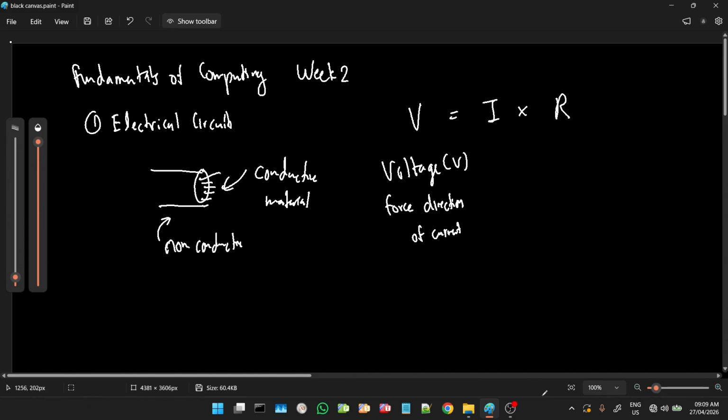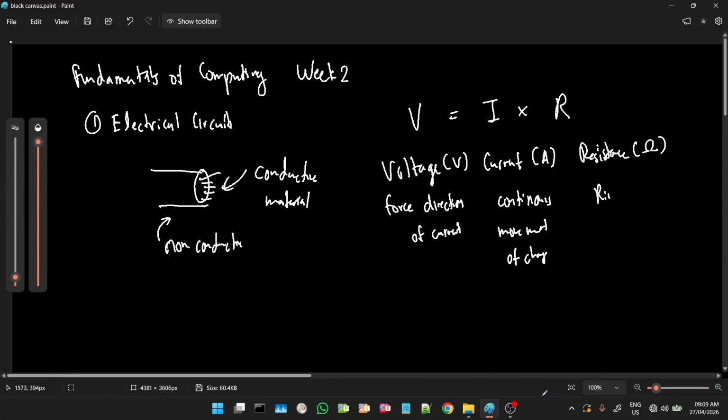I is current, or amps, the continuous movement of charge. And last but not least, R is resistance, in ohms.